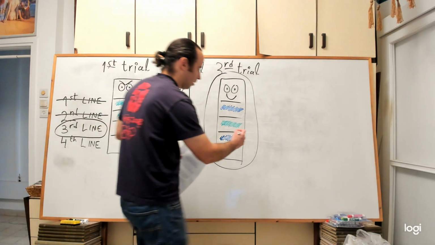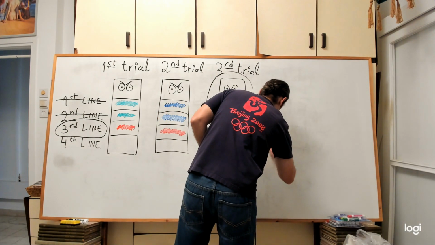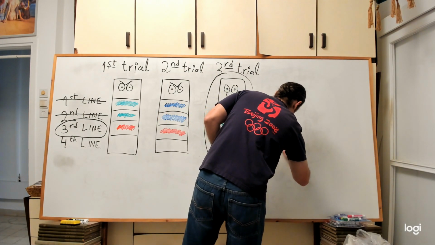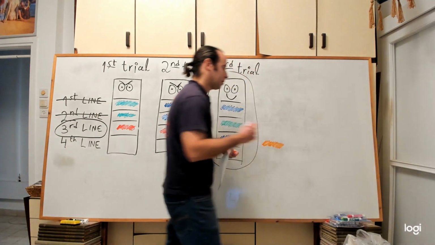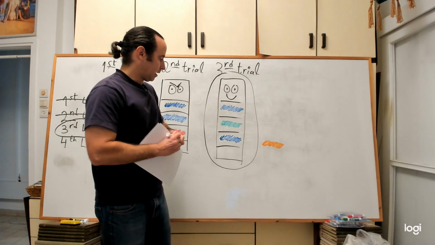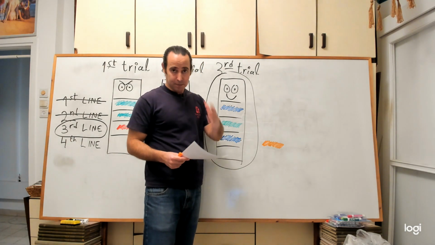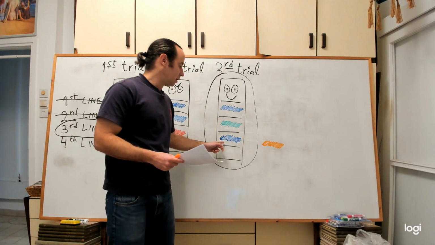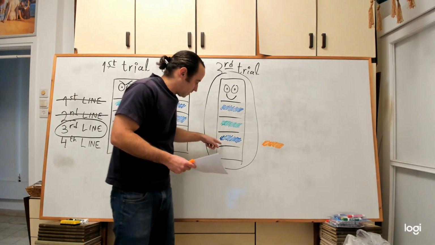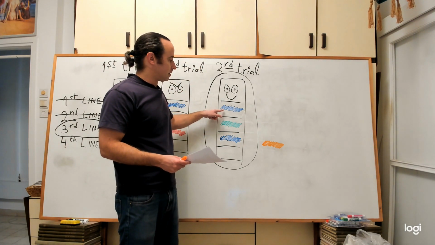If you put here orange, it's also a jump command. Or it's even possible that if you put here blue, in this specific case it also means the same, it's okay.